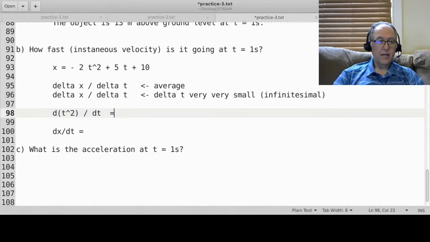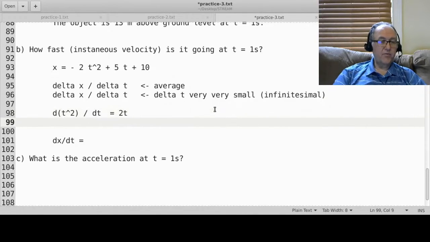So if you take t squared and you differentiate it with respect to t, you should know that the exponent here comes out in front, and the exponent decreases by 1, so you get 2t, like that. Okay, and if you differentiate dt with respect to t, well, that one's kind of trivial because that's just equal to 1. Okay, so each term gets differentiated.